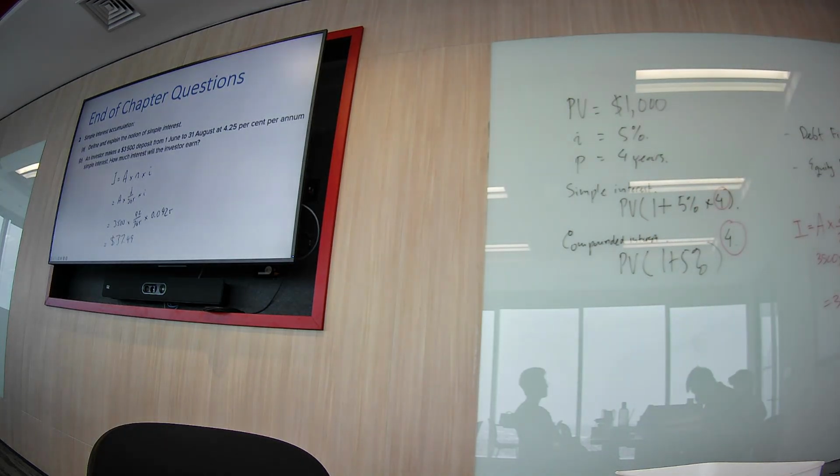Do you think it makes sense? You get a smaller amount by compounding interest in comparison with simple interest. The simple interest you get 37, compounding interest is 36.